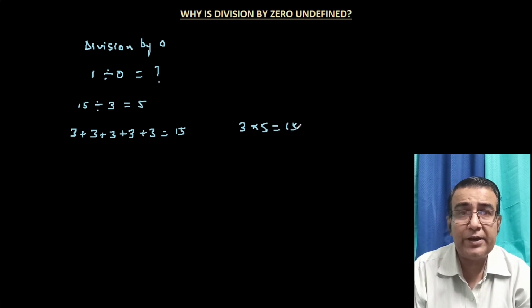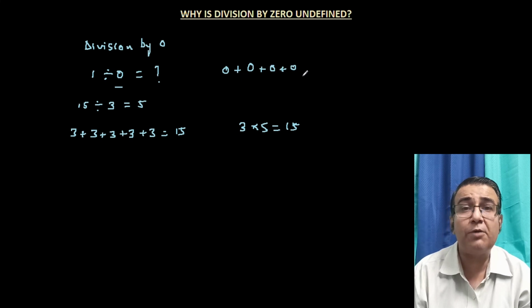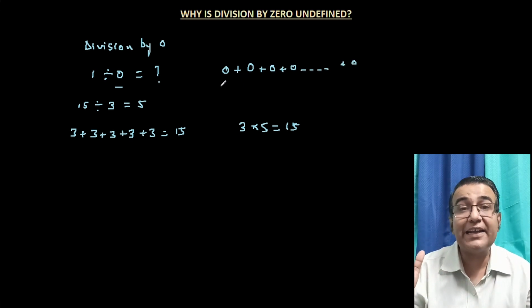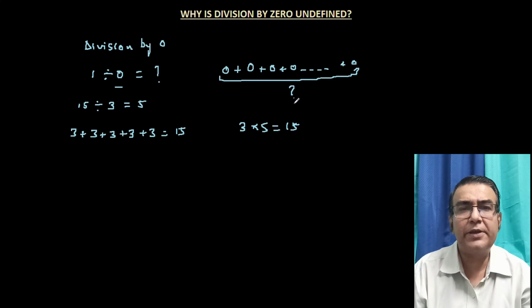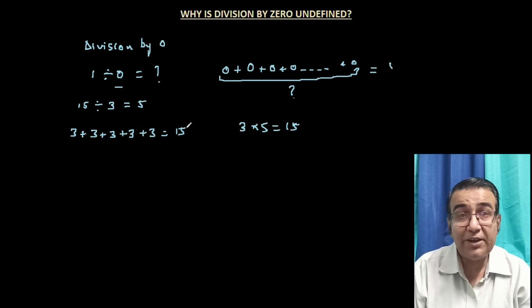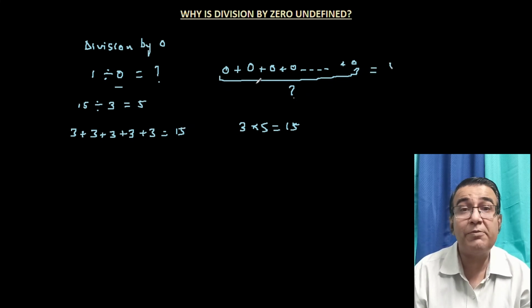So essentially what we are trying to do is add 0 to itself. I don't know how many times it's going to be, but the question is how many times should we add 0 to itself to get the answer as 1? And from the last result, we got that no matter how many times I take nothing, I end up with nothing. So I'm never going to get 1.